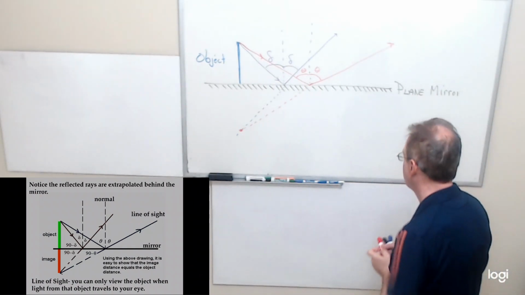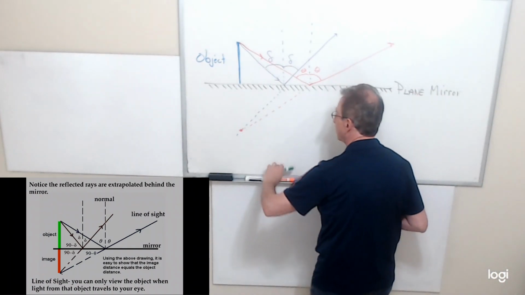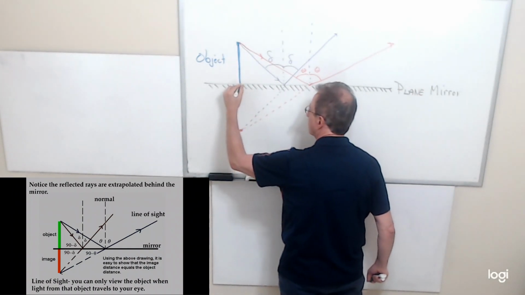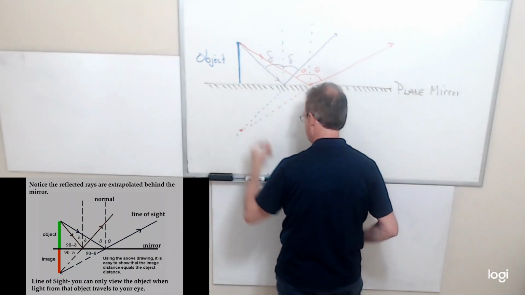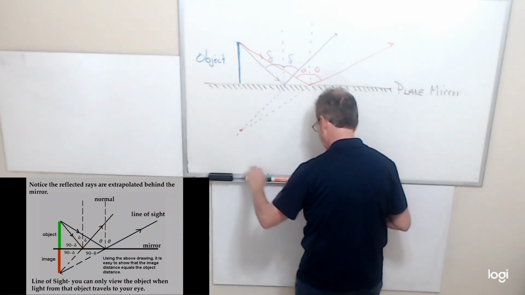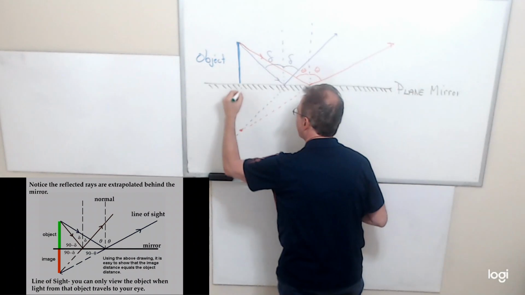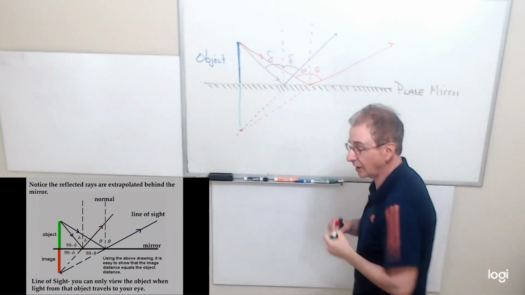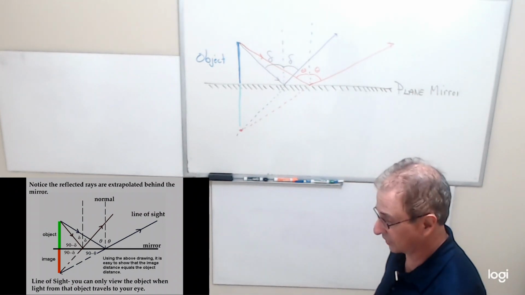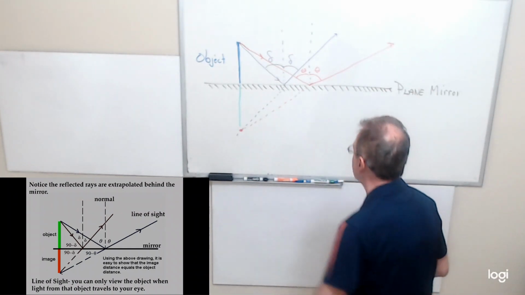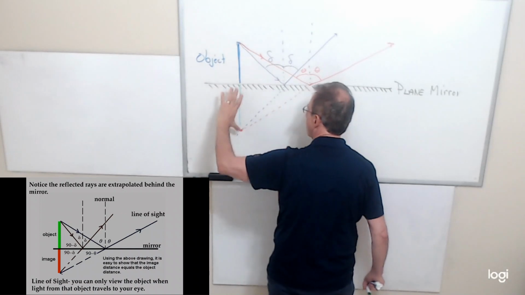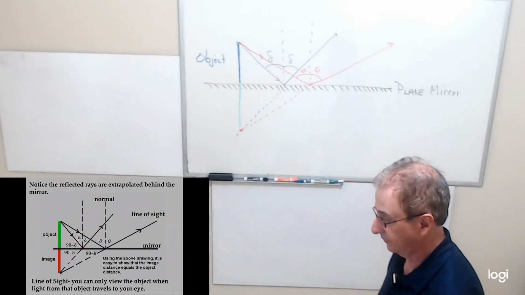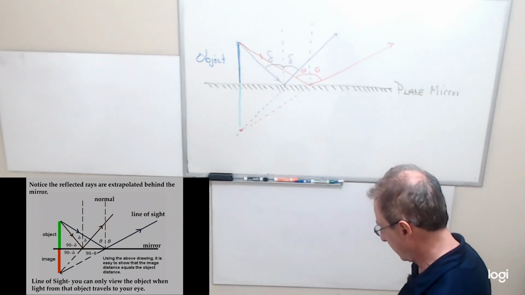And so I have found the reflection of the top of the object right there. And if you do it on paper and you do it to scale, you will find that this distance and this distance are equal. How can I prove that to you?